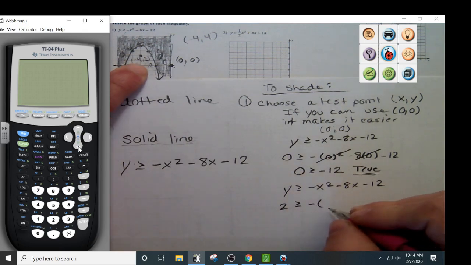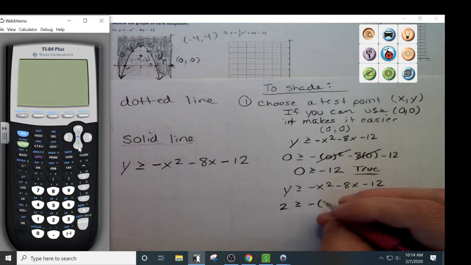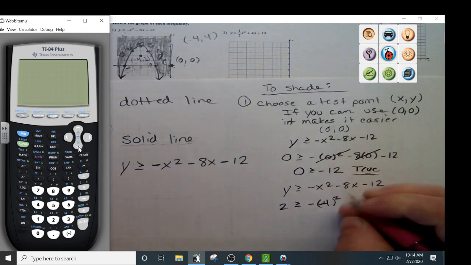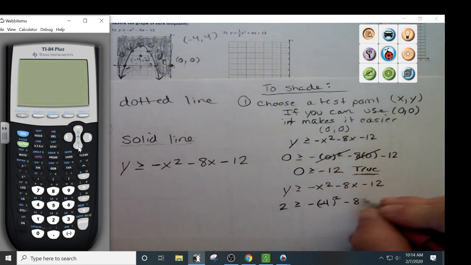I'm showing her what would happen if you chose a different point. I chose one inside this time, okay? That's a negative 4, yeah. Minus 8 times negative 4 minus 12.